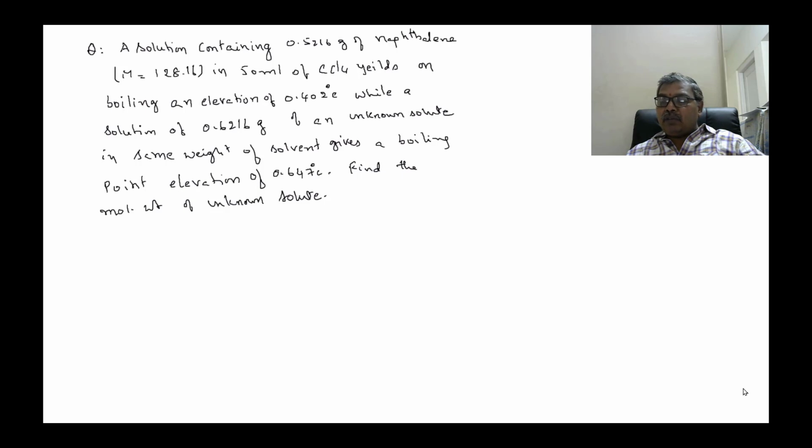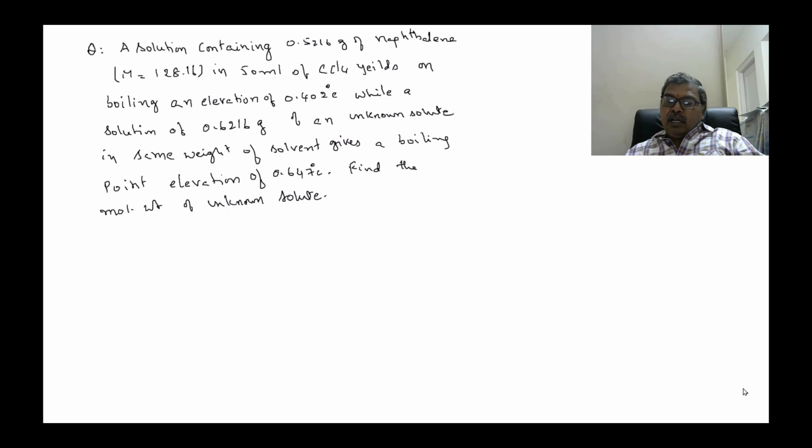Find the molecular weight of the unknown solute. Actually we have to take the weight of solvent, but in both cases they used 50 ml of carbon tetrachloride. Same volume, same density of carbon tetrachloride. Therefore, the weight of the solvent in both cases is the same.